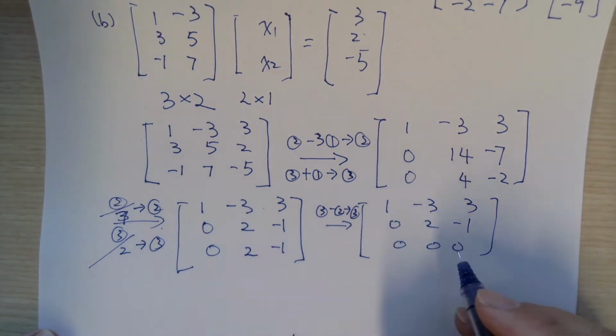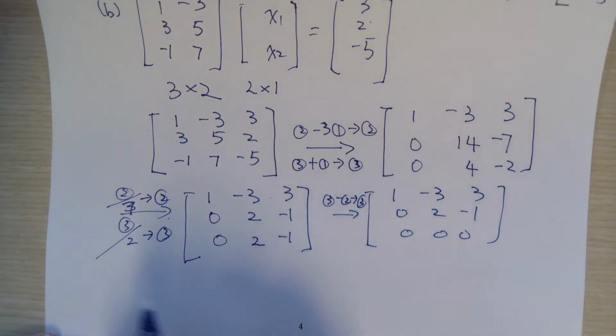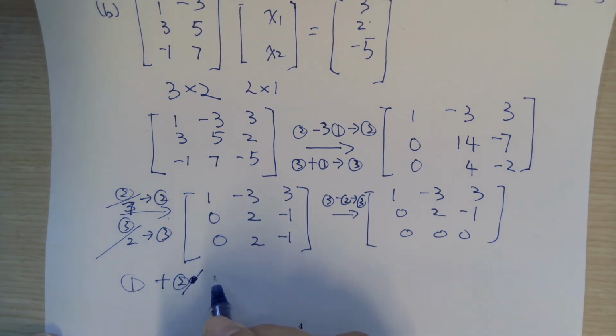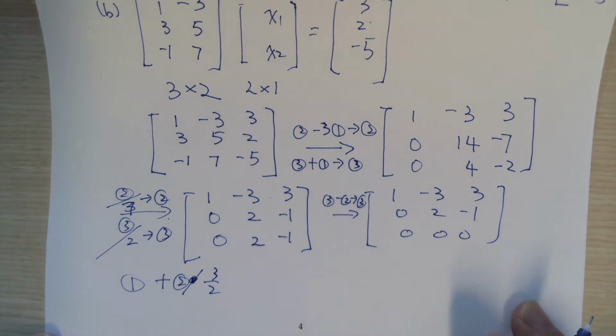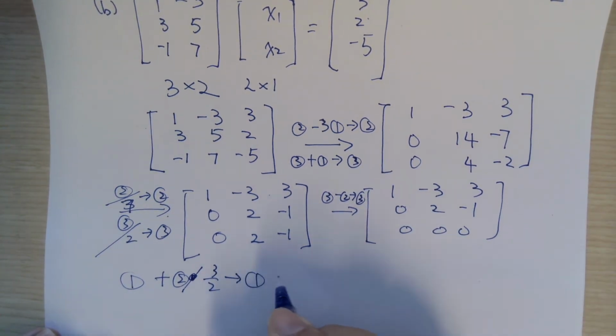So we can continue to do the reduction, which is we can use row 1 plus row 2 times 3 over 2, and then becomes new row 1.